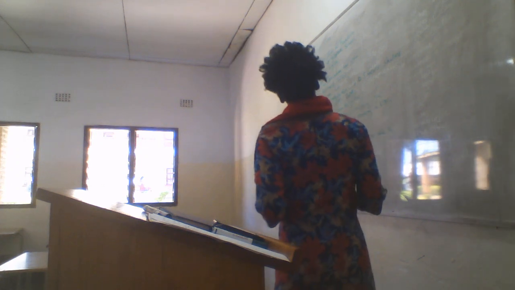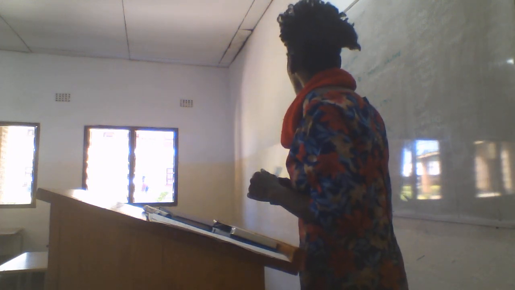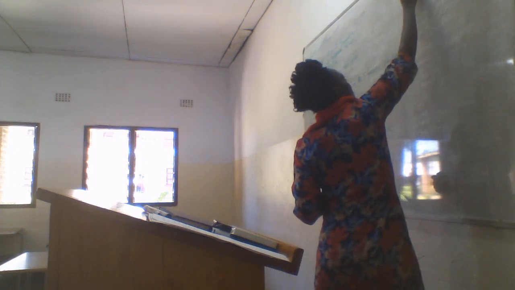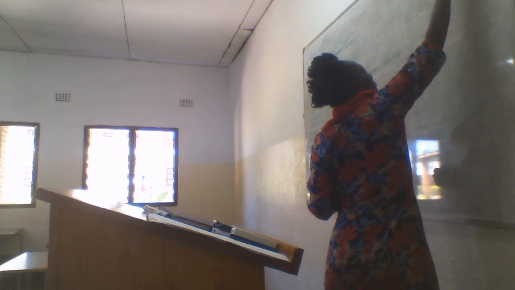Let's move on. Okay? So this is the information that you're supposed to have on your lesson plan. We're still carrying on. Then we're moving on to materials, resources, and materials to be used in the lesson.